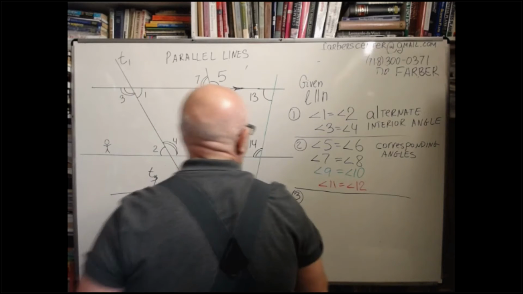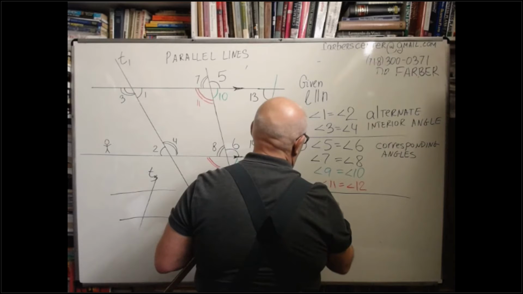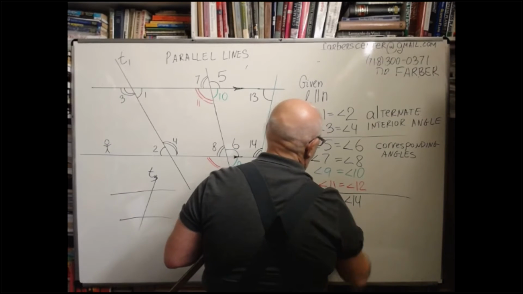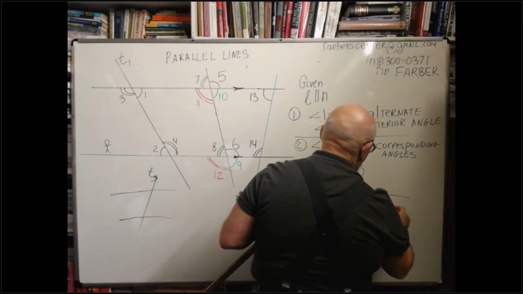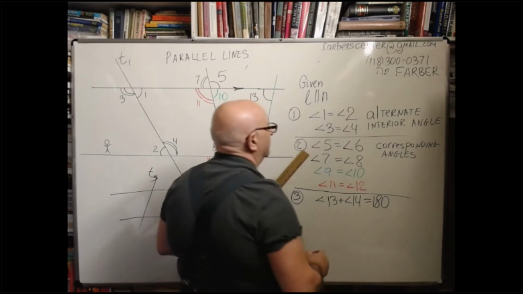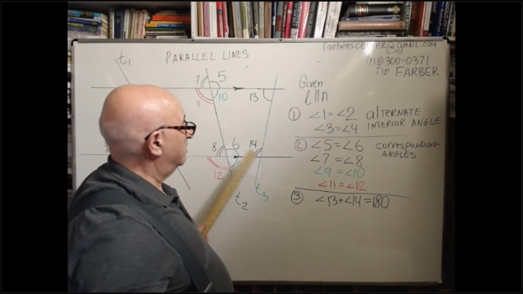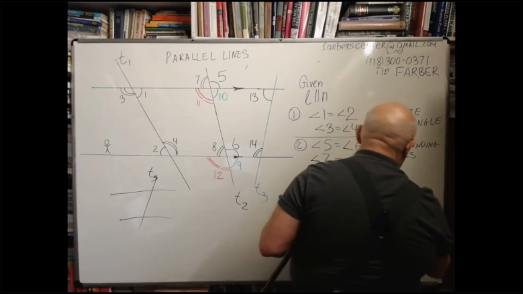Okay, this angle 13 plus angle 14, they're not equal to each other, they always equal to 180 degrees. And they have name. First of all, the interior. They have 2 names. I'll name it.